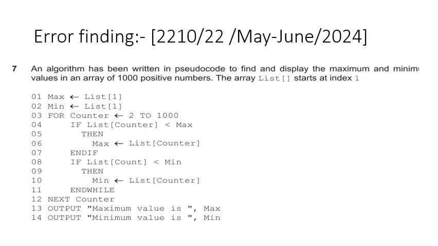Dear students, how to find an error? This is a past question paper. Here we have maximum is less to 1, minimum less to 1, for counter 0 to 1000. If counter is less than maximum, this is an error because counter should be greater than maximum.